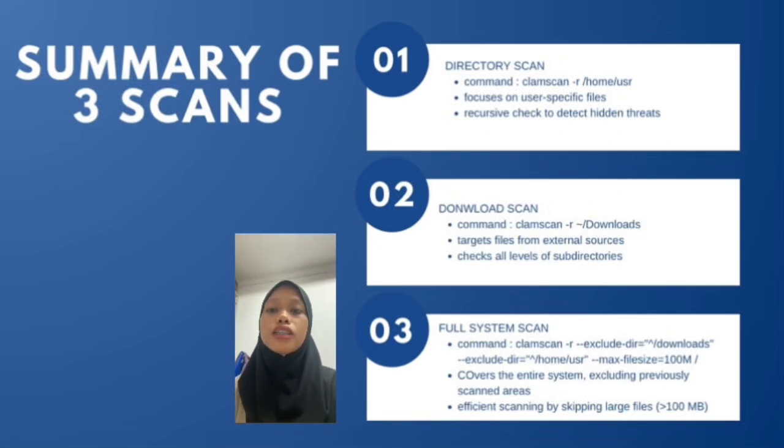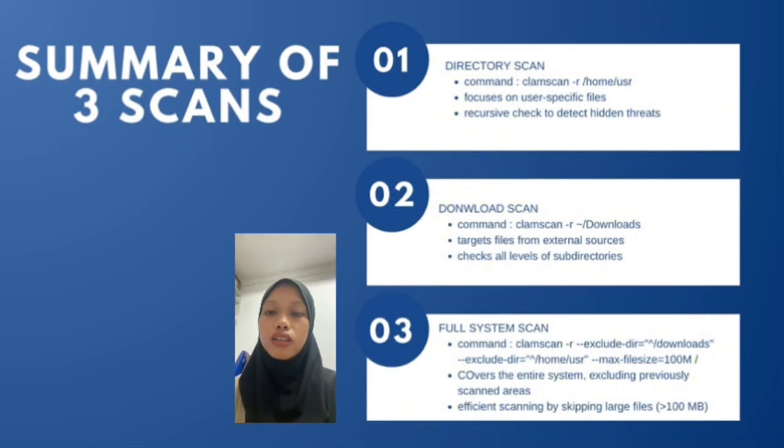The third is the full system scan. So the full system scan is conducted with the common clamscan command. I will put the command in the slide. This excludes the previously scanned directories, downloads and home, to avoid redundancy and focus on other system areas.